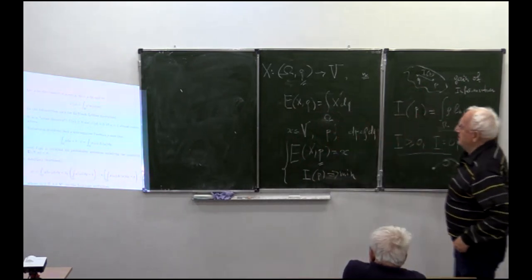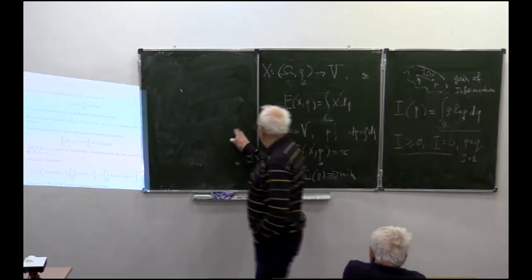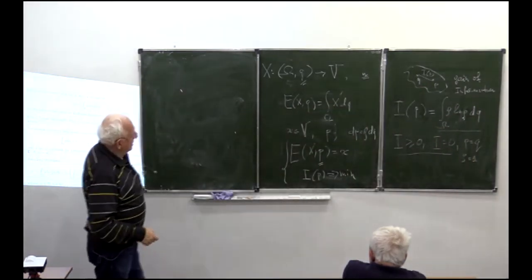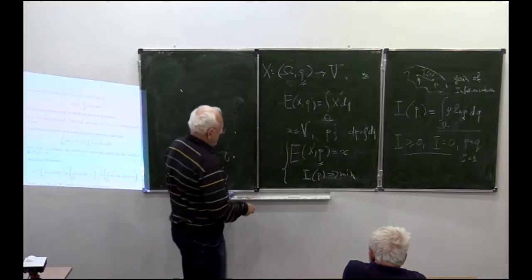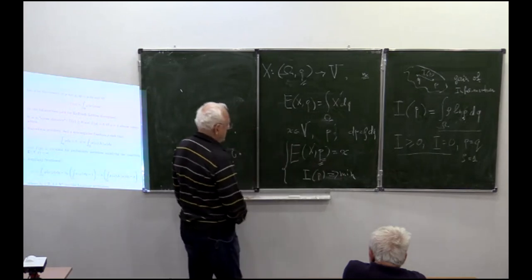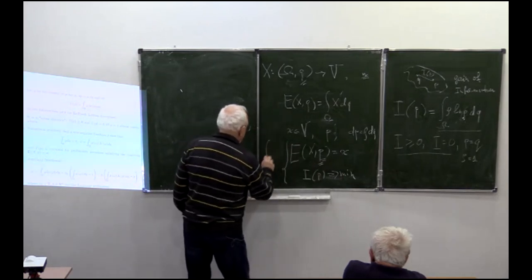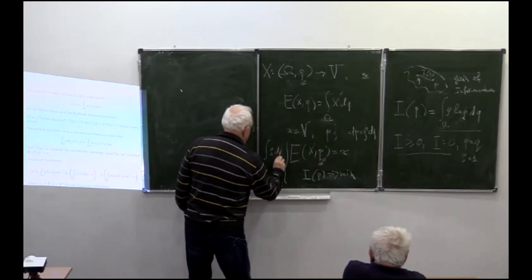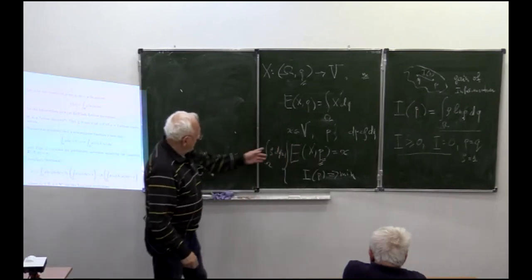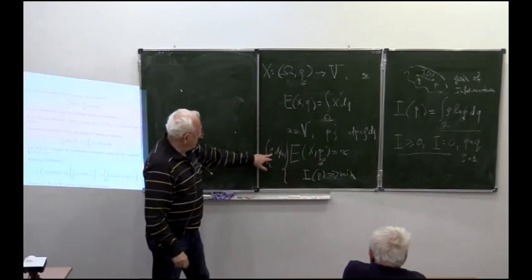It's a very simple variation problem, and we know how to solve such. So what a condition? This one, and P should be probability measure. It means that really we assume that integral of rho should be equal 1. So we should add this if you think about density only.